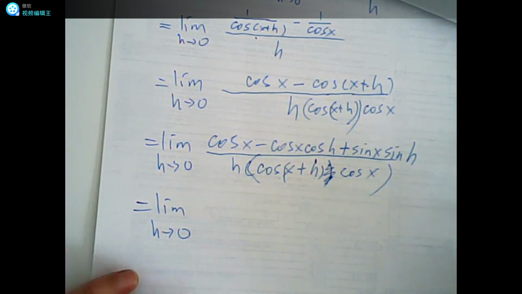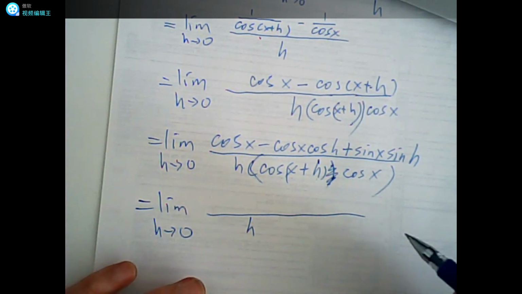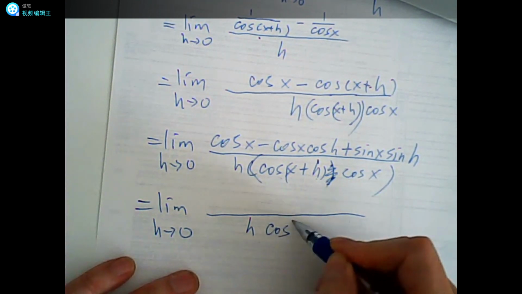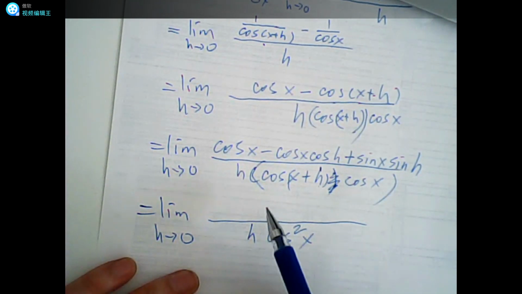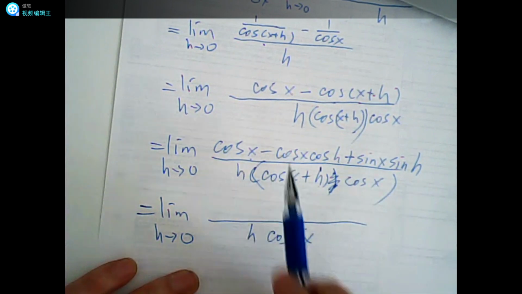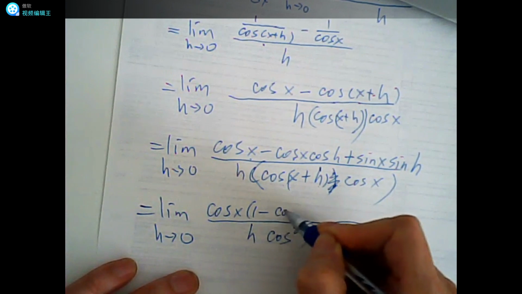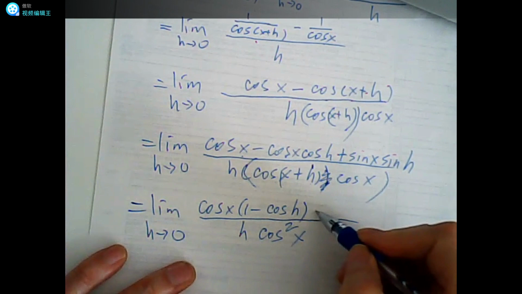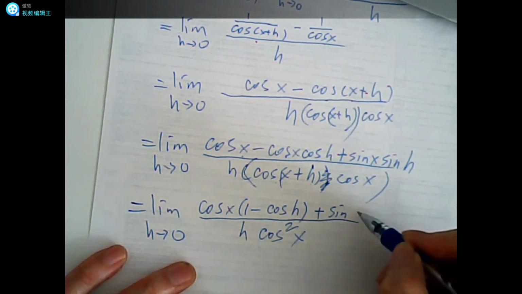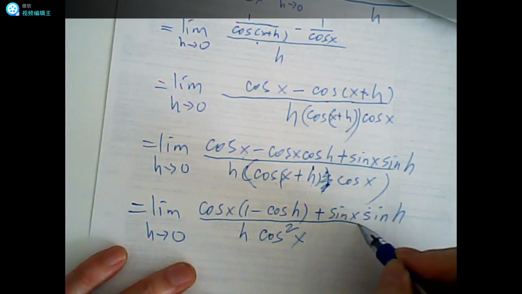Cosine square x, and this is h. And this common factor, cosine x, is common: 1 minus cosine h, plus sine x sine h. We have to be very careful because errors come easily.